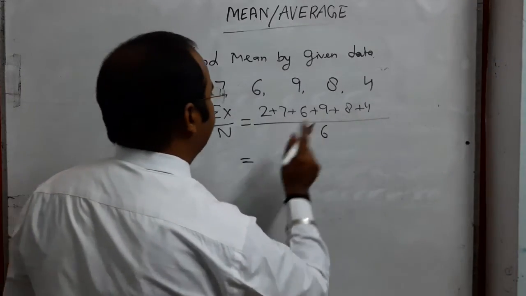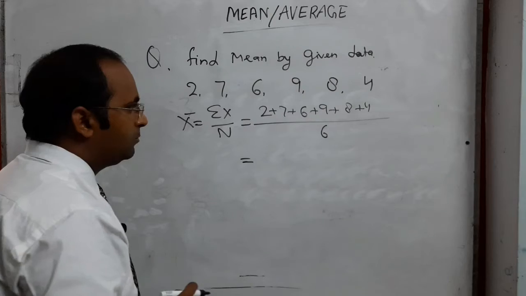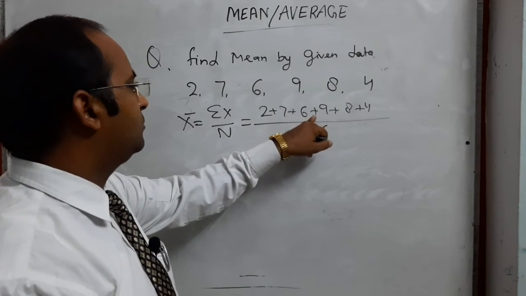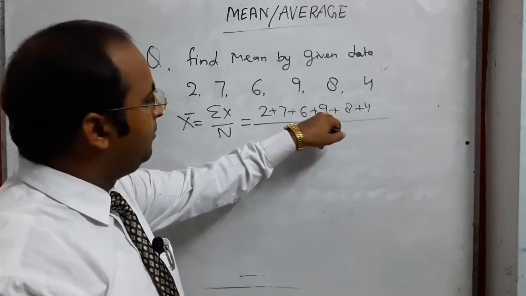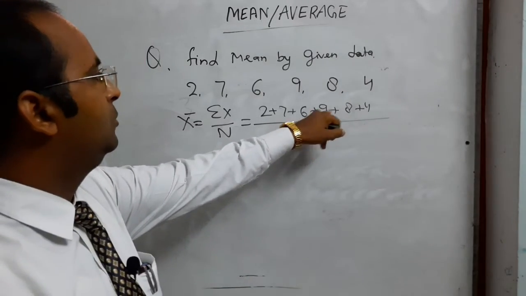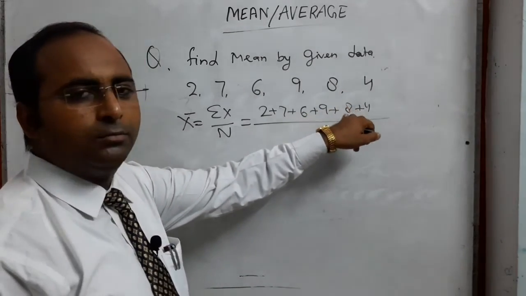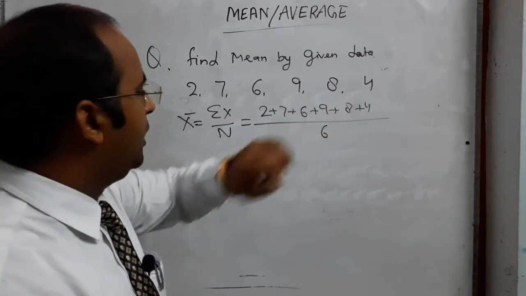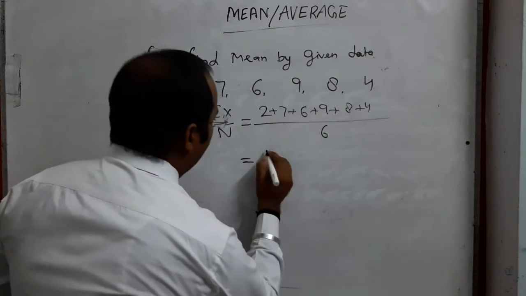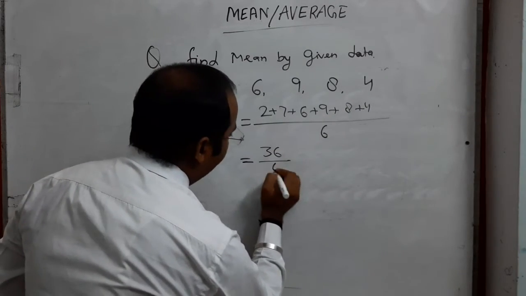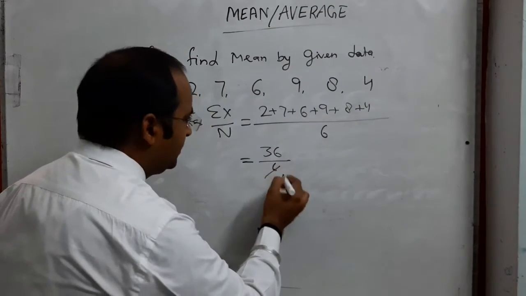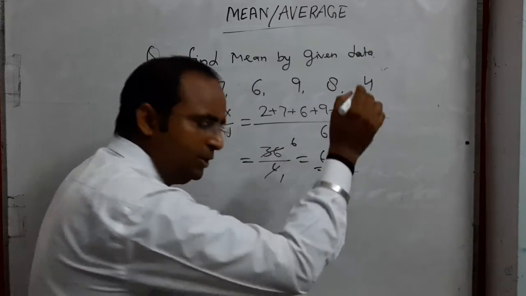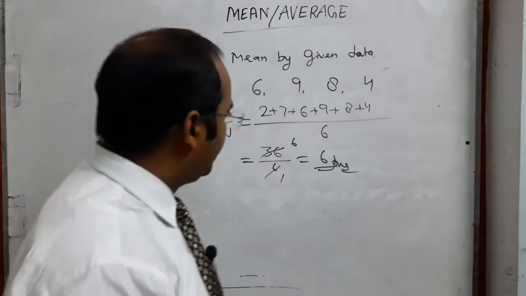Add these numbers: 2, 7, 9. 9, 6, 15. 15 and 9, 24. 8, 32. And 4, 36, upon 6. 6 ones are 6, 6 sixes are 36. This is the answer.